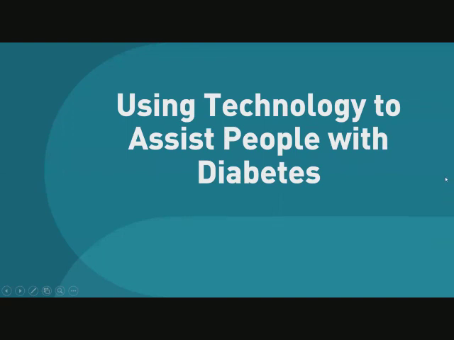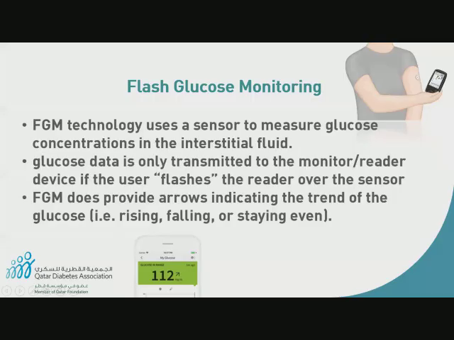Okay, so nowadays technology is advancing quickly, and it's delivering some new blood glucose monitoring devices that help us to record, document and track our blood glucose. One of those methods is what we call flash glucose monitoring.